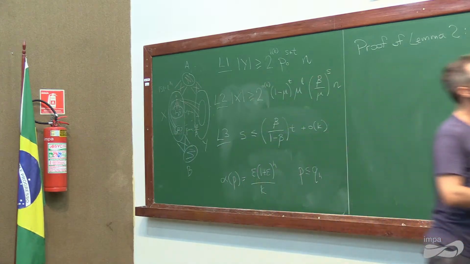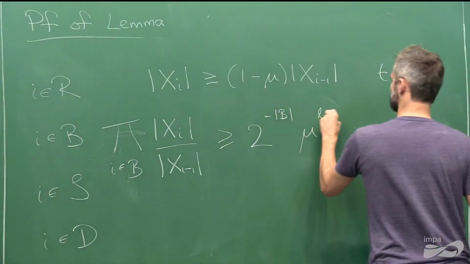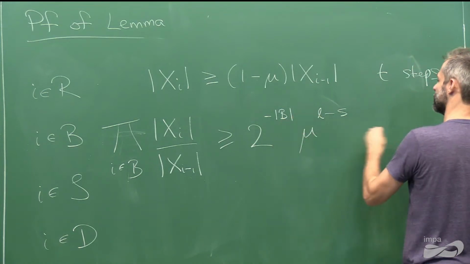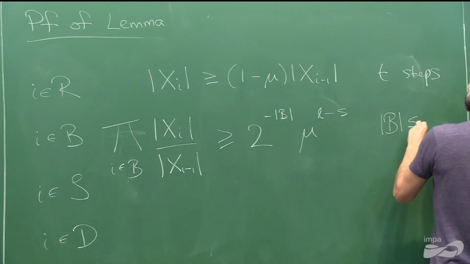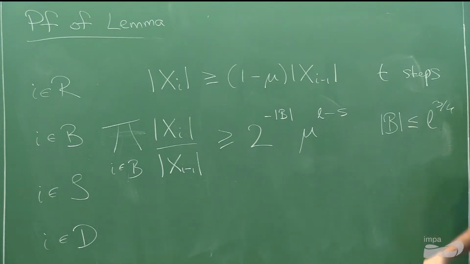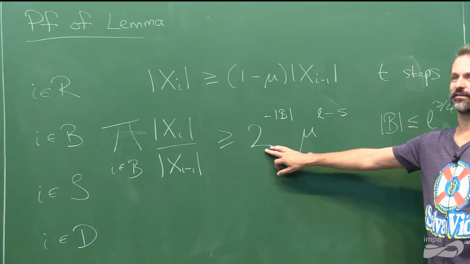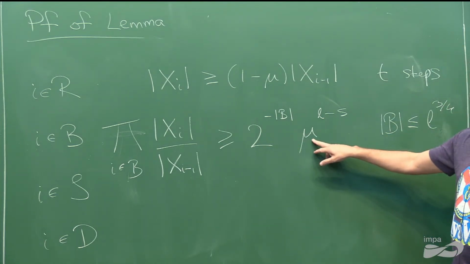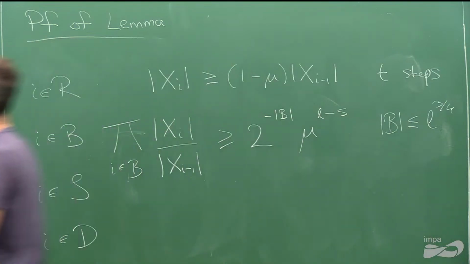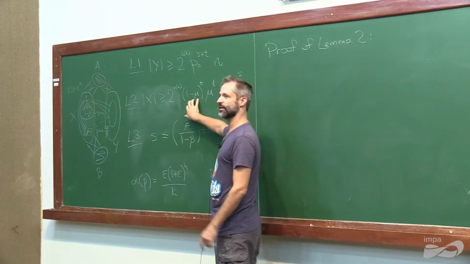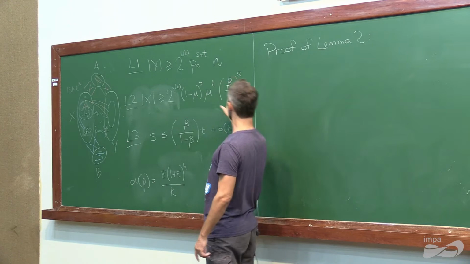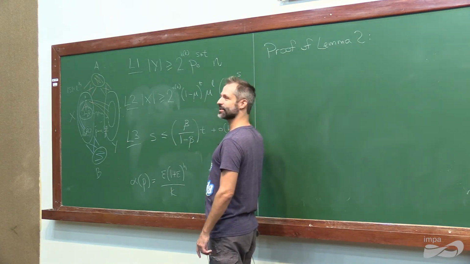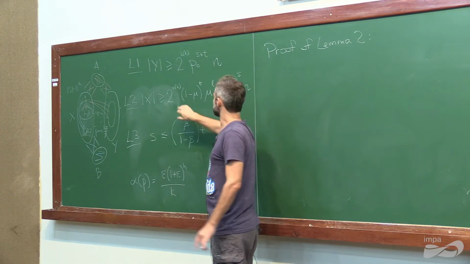So it's L minus S. And this B is at most L to the 3/4, so this thing is 2 to the little o of L. So we've got this 1 minus mu to the t, we've got this mu to the L minus S, we've got this beta to the S, and everything else has to go into here.